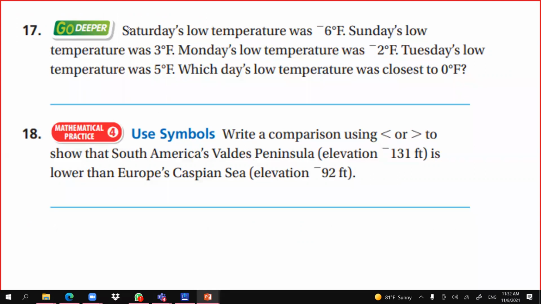Sunday's low temperature was 3 Fahrenheit. Monday's low temperature was negative 2 Fahrenheit. Tuesday's lowest temperature was 5 Fahrenheit. Which day's low temperature was closest to 0?